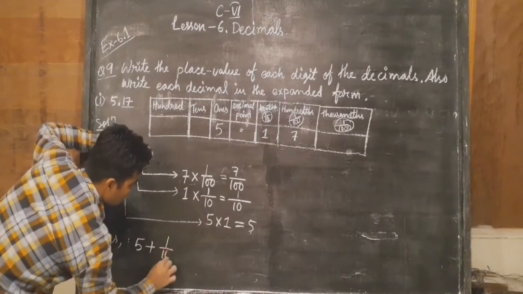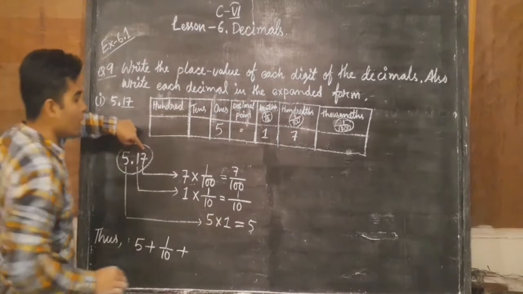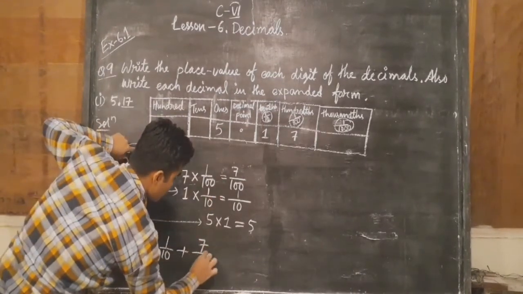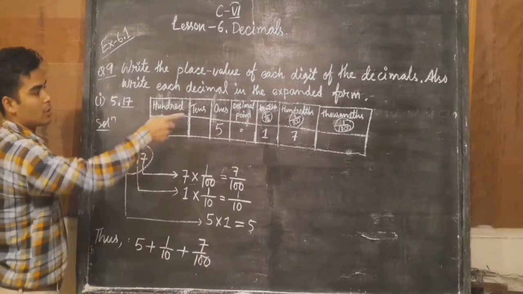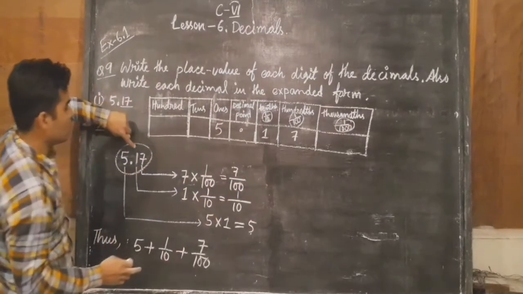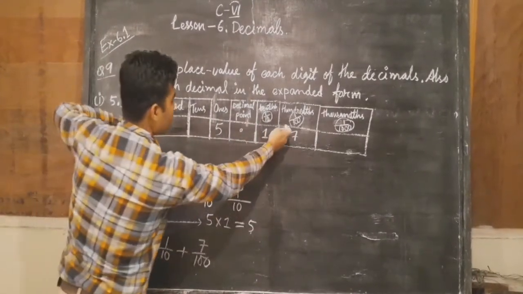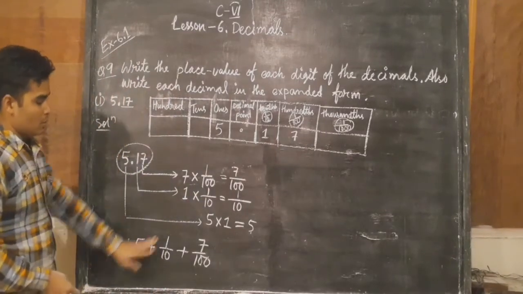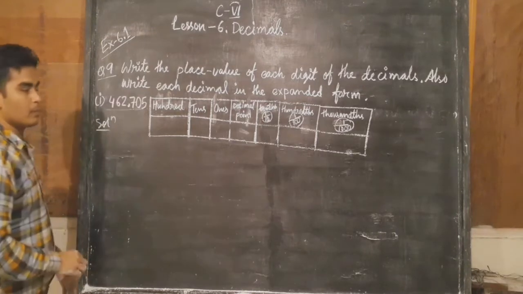So 1 by 10 plus the place value of this digit will be 7 by 100 because it is in the 100th place. You can see when we put this decimal number on the number line also, we can see 1 is in the 10th place, 7 is in the 100th place. So the expanded form of this decimal number will be.